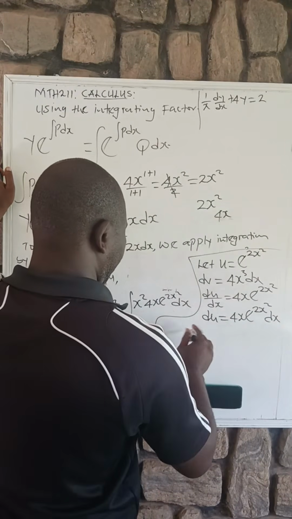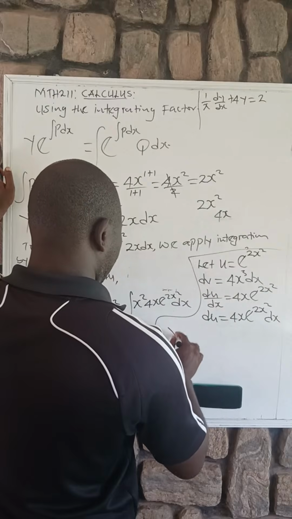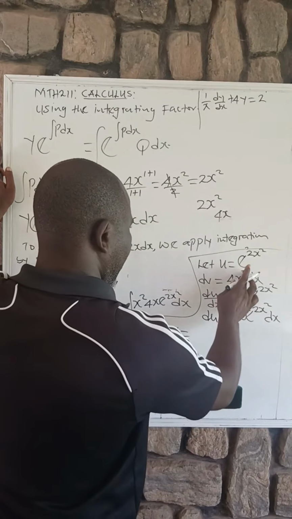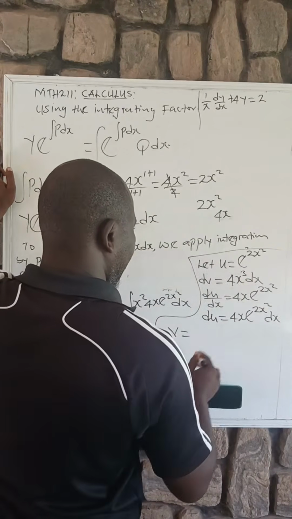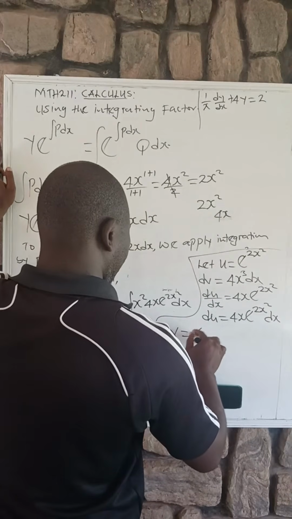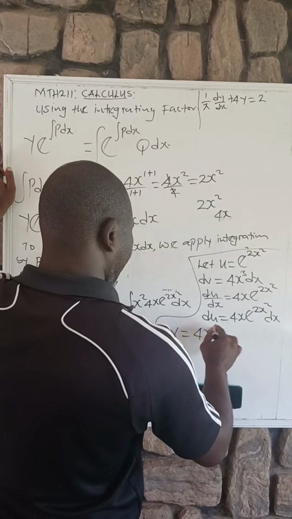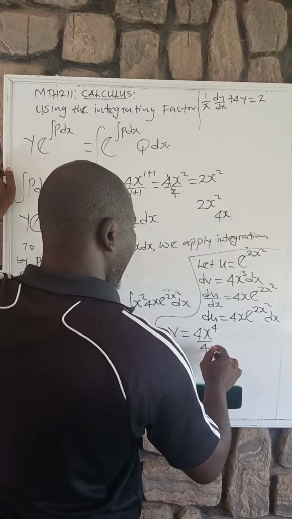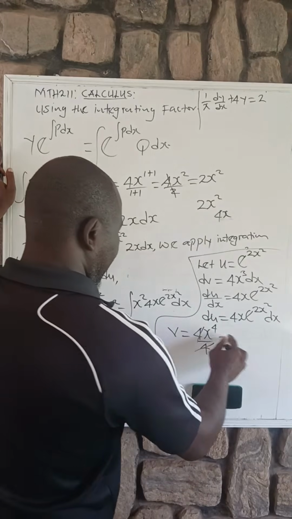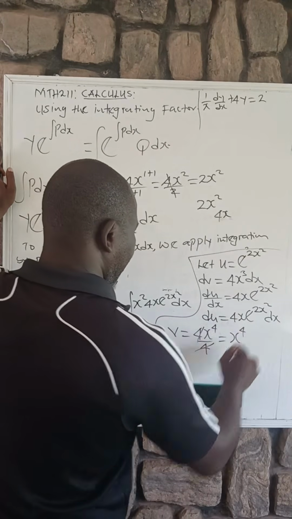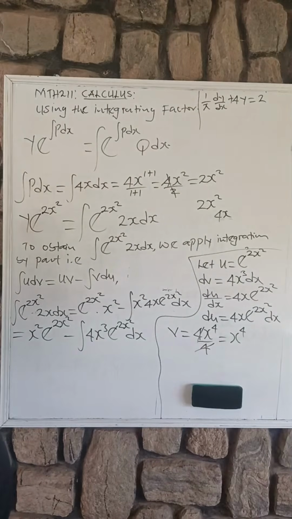Then integrate both sides. For v, if you integrate 4x cubed dx, we have 4x raised to power 4 all over 4, right? This cancels to give us x raised to power 4. True or false? It is true, right?